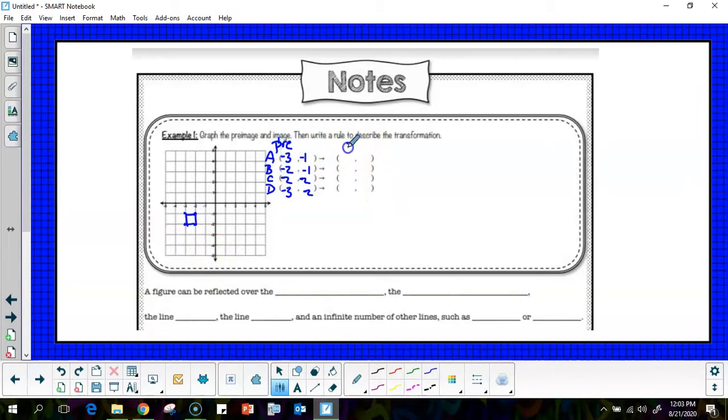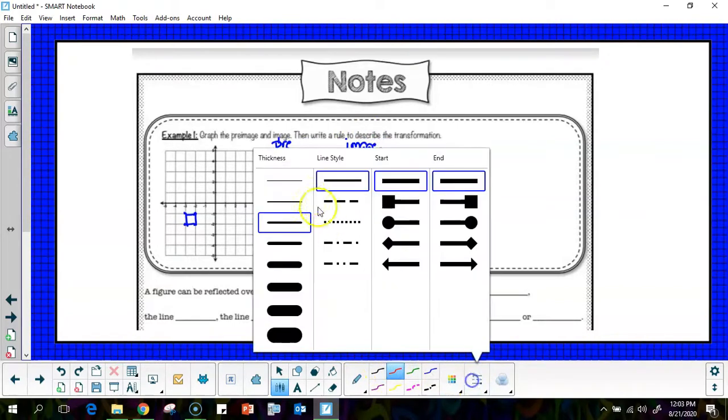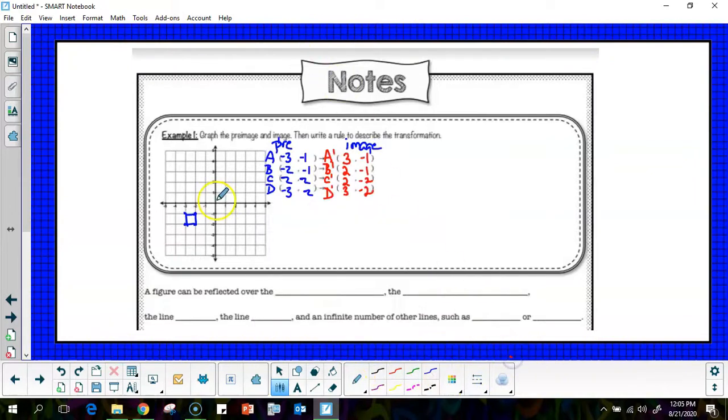And then our image is going to be over here. And I'm going to switch colors. There, there, there, and there. So let's just sketch this one. So what we can see is that this image, it looks like it slid.